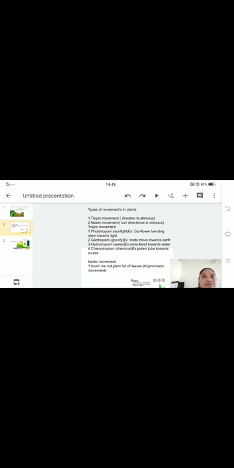And in nastic movement, there is no direction related to the stimulus. The trophic movements have been divided into four: phototropism, geotropism, hydrotropism, chemotropism. The fifth one, touch, that is thigmotropism. Nastic movement, touch-me-not plant, as I have written here, thigmonastic movement.